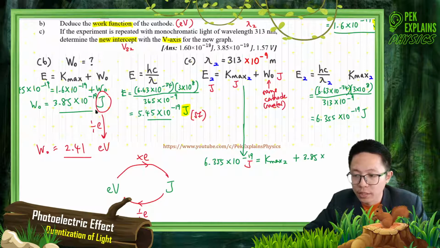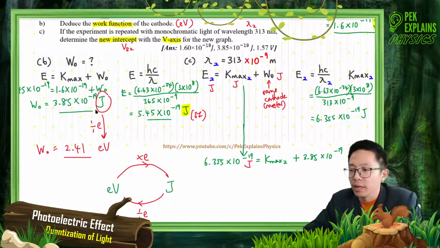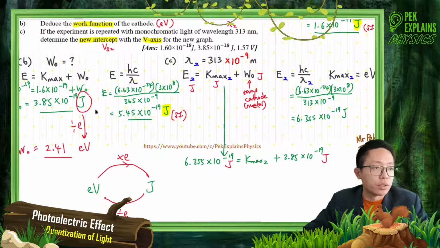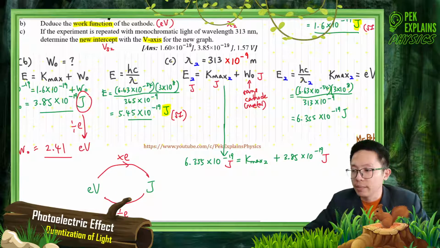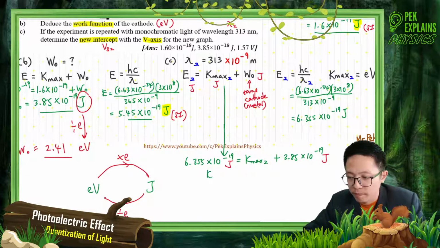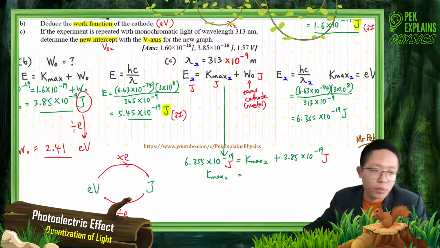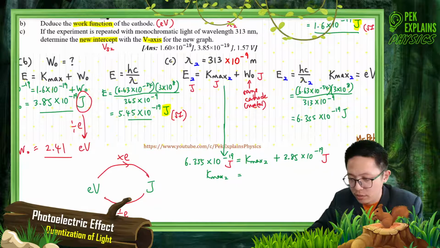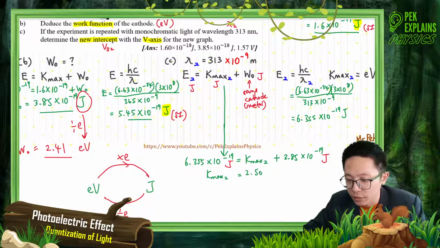So what is the Kmax? Minus 3.85 exponent negative 19, we get Kmax equal to 2.5046 exponent negative 19 joule.